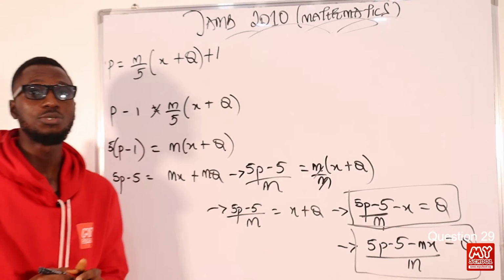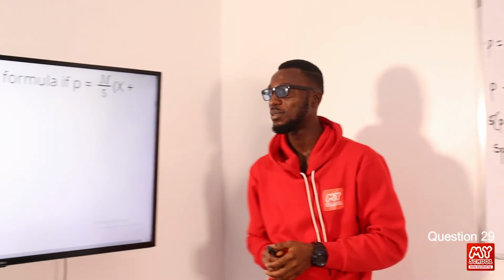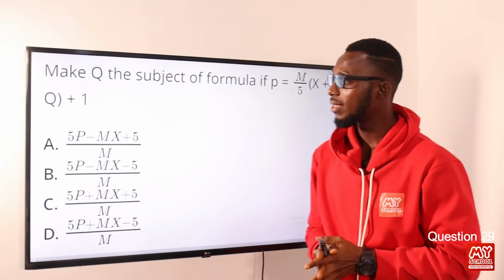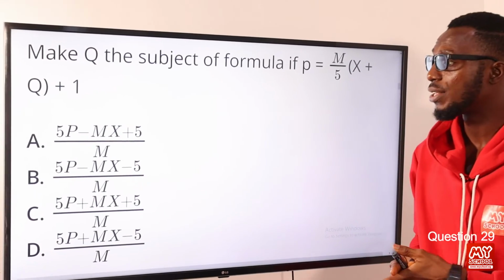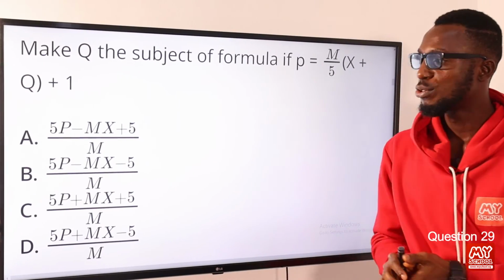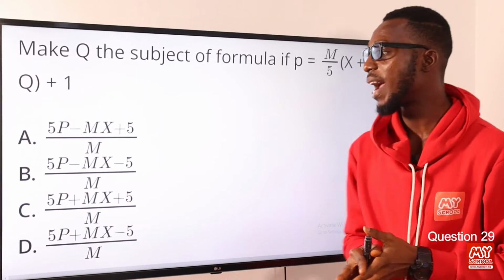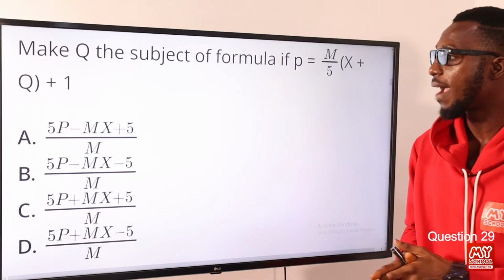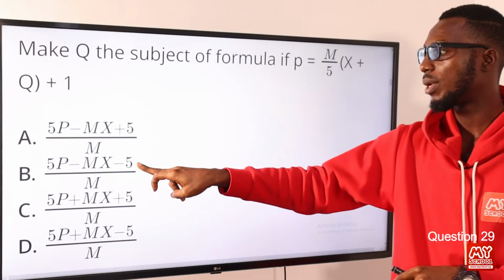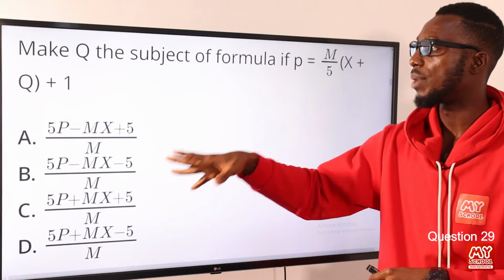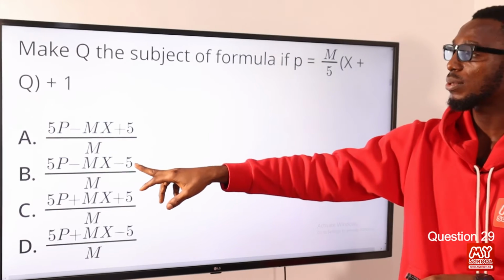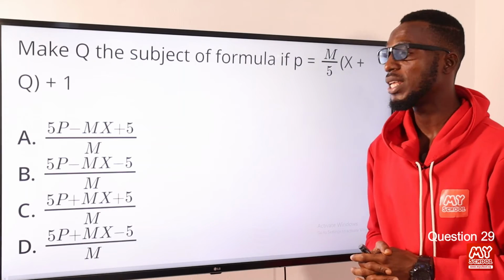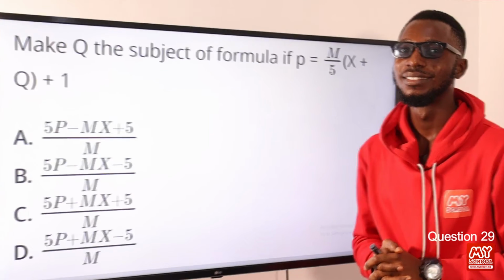Let's go back to the screen to select the correct option. You can see we have a collective denominator for the left hand side: 5P minus 5 minus MX over M equals Q. So making Q the subject of the formula, the correct option is option E.